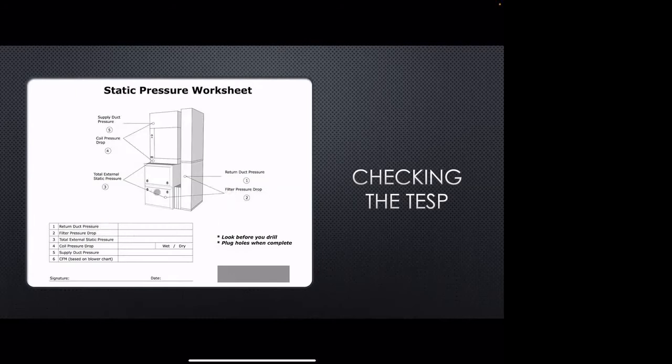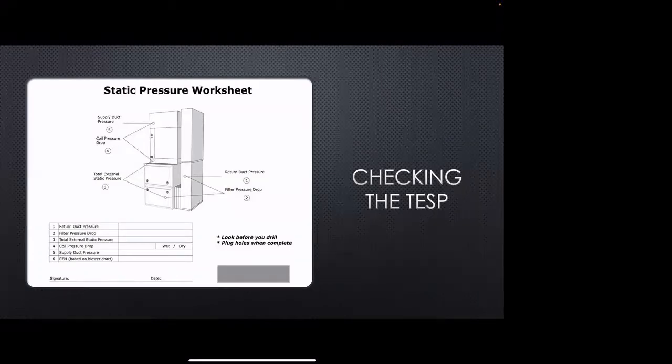Why is that important to get that number, guys? It shows you basically what that filtration system is doing or how it's affecting the system, whether it's a 1-inch filter, a 4-inch filter, electronic air cleaner, air purifier, and so on.